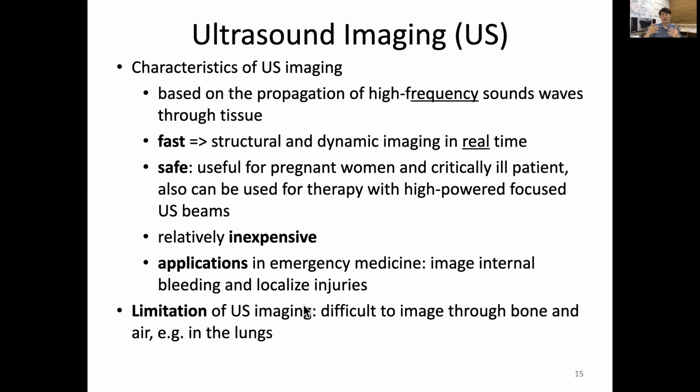So ultrasonic imaging is not always optimal through bone, such as imaging the brain through the skull, and the lungs, because there is air and also rib cages. Another limitation I can think of is that we are using sound waves, so there could be noise involved. The resolution usually cannot go below cellular resolution.